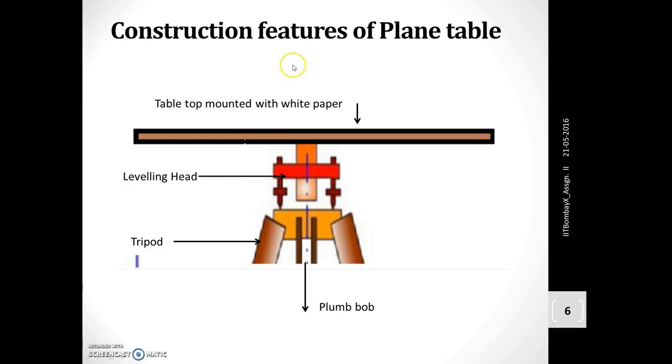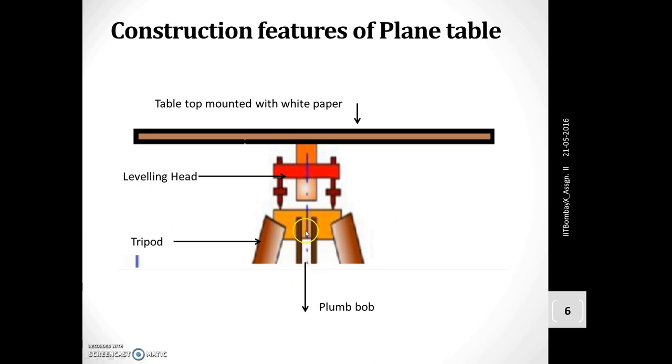Let's have certain constructional aspects covered. This total setup is of the plane table. To start from the bottom, this is a timber tripod which is provided with metal shoes. This assembly is the leveling head.